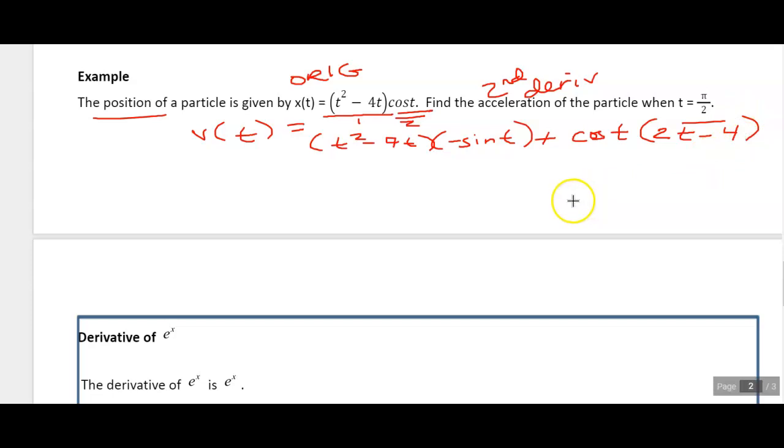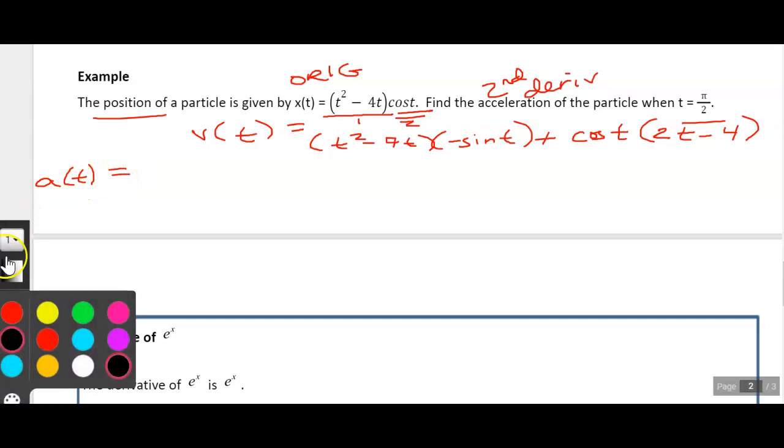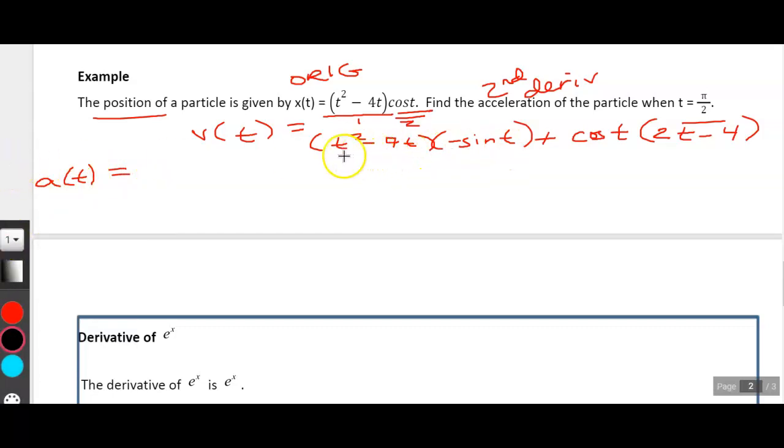All right, so, if we want to find our next derivative, there's not much to simplify. So I'm going to go ahead and start with my acceleration. So acceleration is recognized as the a function. And it's going to be two product rules. This is 1, this is 2. Then I'll have to do it again. 1 and 2.